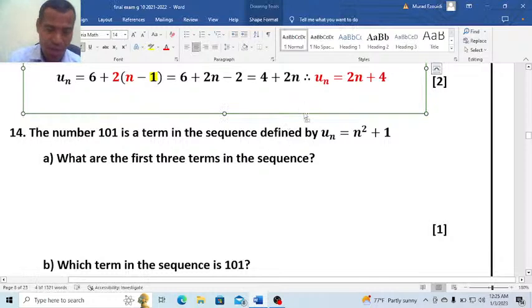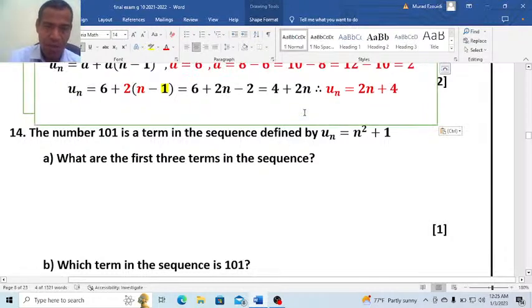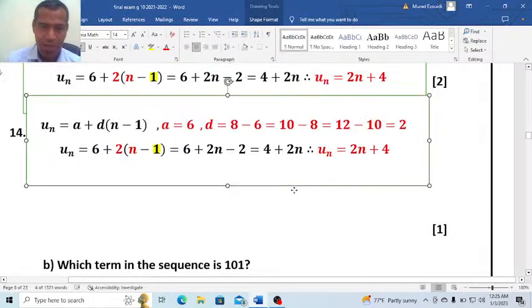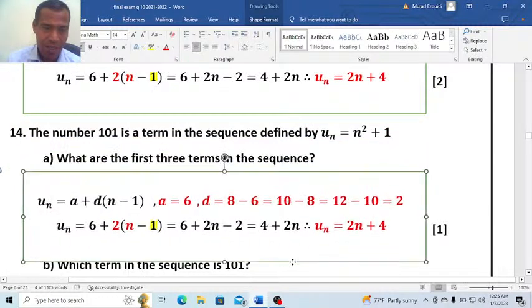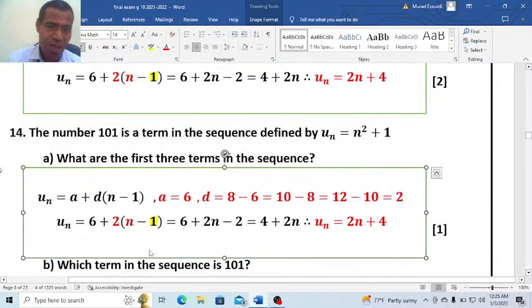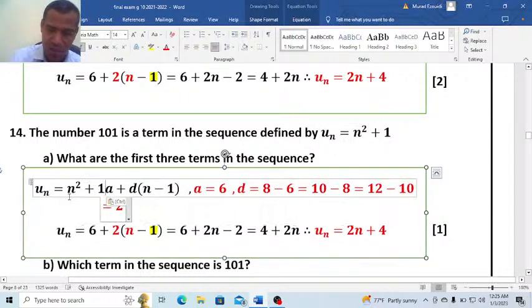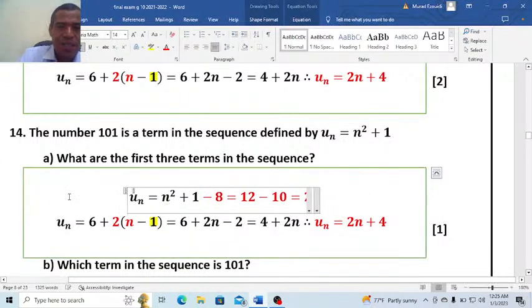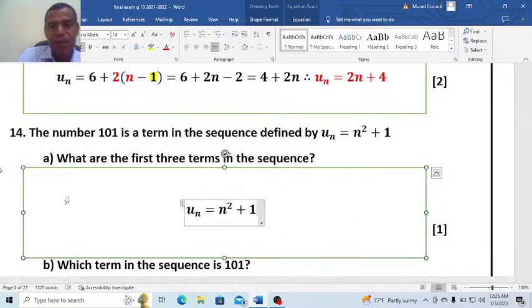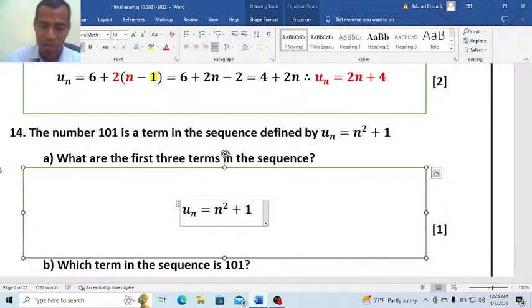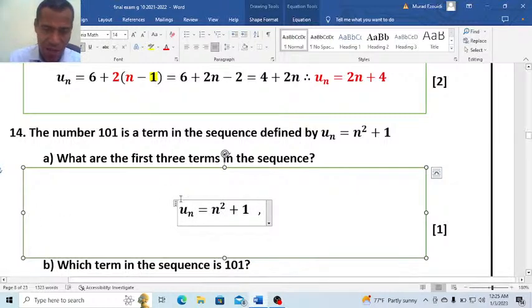Therefore, the nth term is n squared plus 1. To find the first term, you will just substitute n by 1.